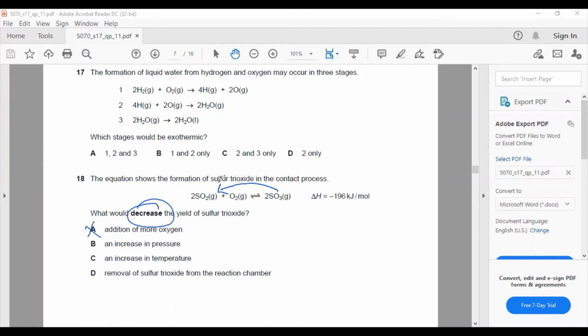Increase in pressure: equilibrium shifts forward to fewer moles. Fewer moles are here, two moles, and in the reactants 2 plus 1. Increase in temperature: yes, because forward is exo and reverse is endo, so equilibrium shifts towards endo. C is the answer.